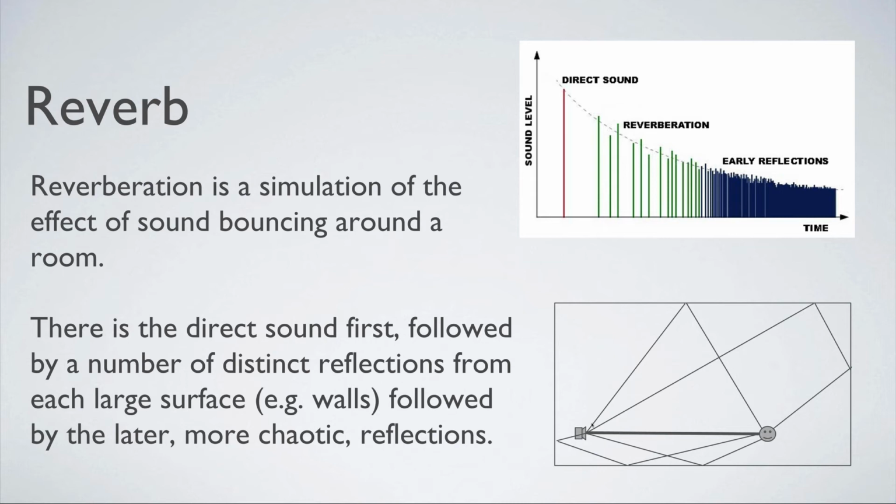Then you're going to get the first few reflections, and they're going to be the big strong reflections of the sound bouncing off the wall and hitting the listener. Some of them will be one wall, some will be two walls, and some might be 5 or 6 walls as it goes around the room. Those early reflections are quite strong, and as they hit more and more walls, they get less strong.